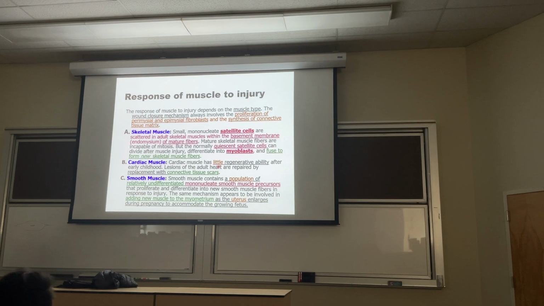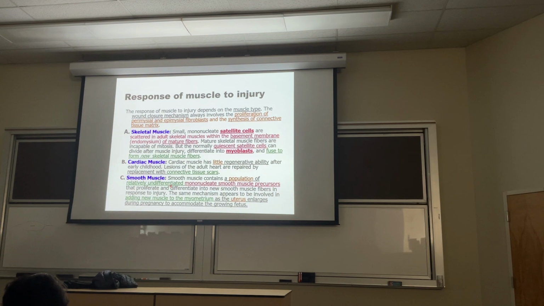Cardiac muscle also has little regenerative ability, and therefore if you have a myocardial infarction, you cannot regenerate those dead heart muscle cells. You can make surrounding ones stronger, but you can't regenerate it. However, smooth muscle can undergo mitosis.